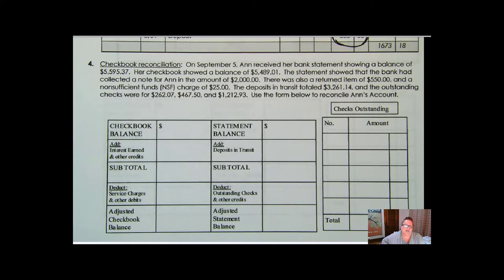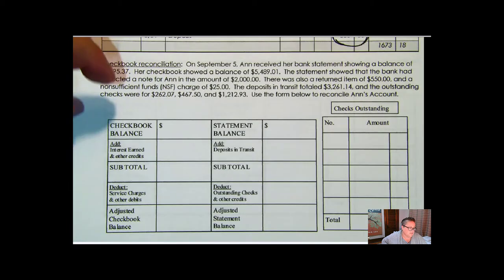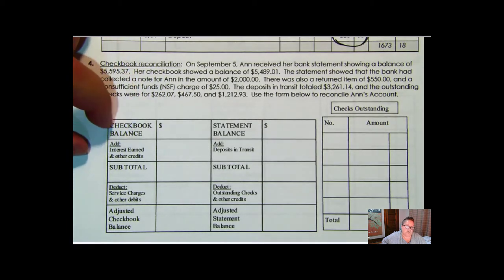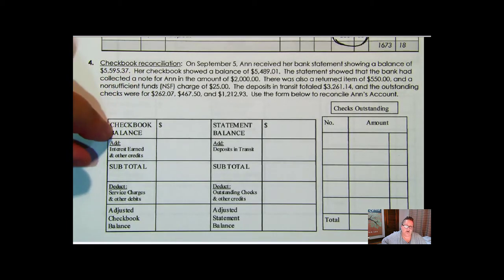So once again, we have the reconciliation form, and it's 3 parts. The first part gives us the checkbook balance. This is the current balance in the checkbook, to which we add any interest earned or credits that the bank was aware of that the checkbook did not have information on.